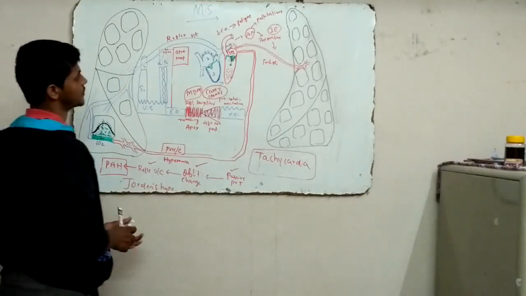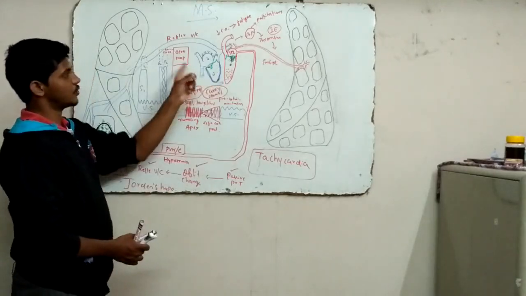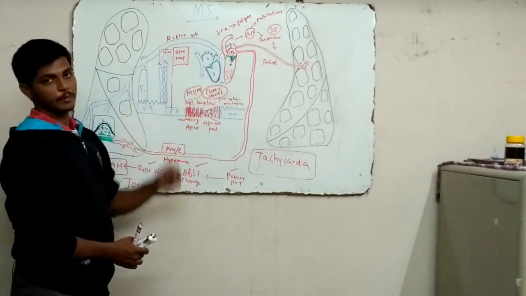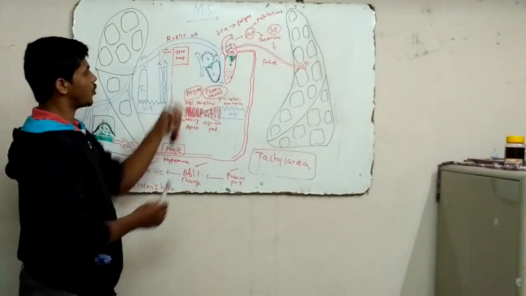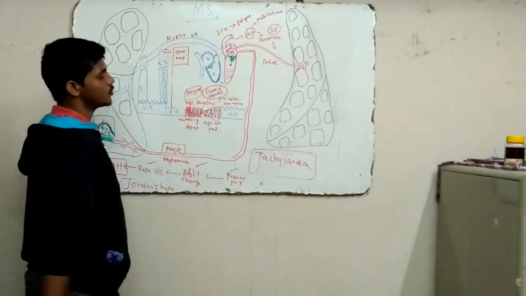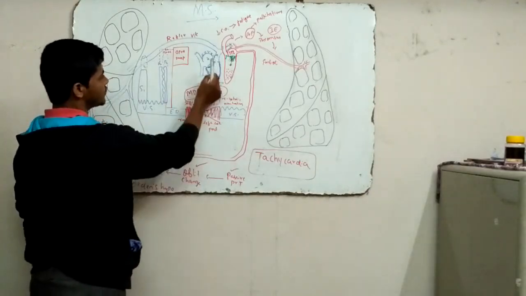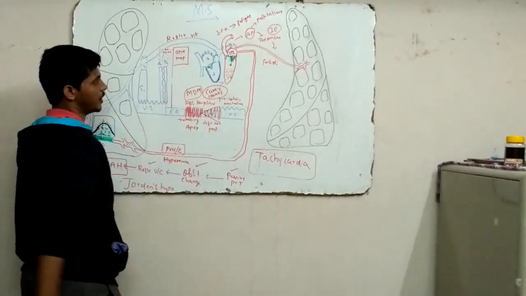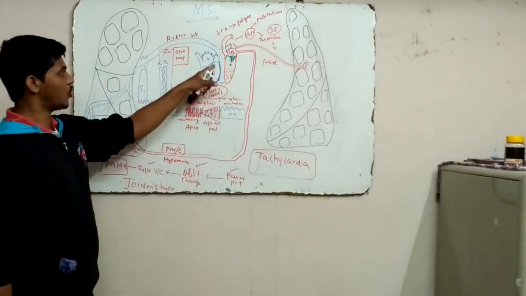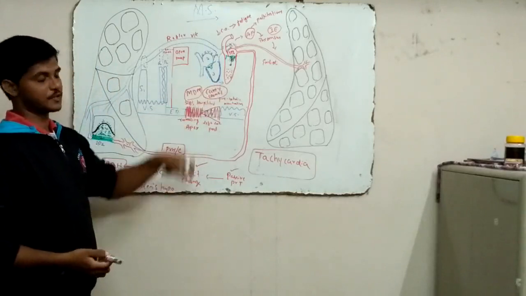Also, sometimes we now understood that because of mitral stenosis, there is pulmonary hypertension. So because of this pulmonary hypertension, there may be incompetence of the pulmonary valve. So during the diastole, when the ventricles relax, when the pressure in the ventricle becomes less than the pressure in the pulmonary artery, normally the valve should close so as to prevent the regurgitation.